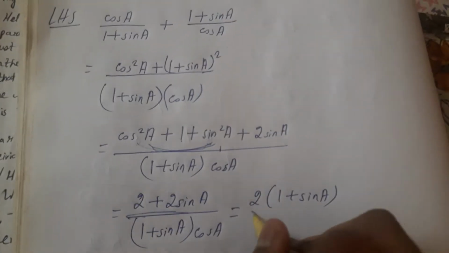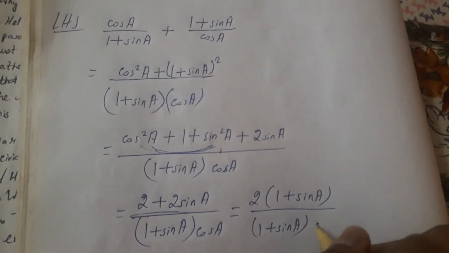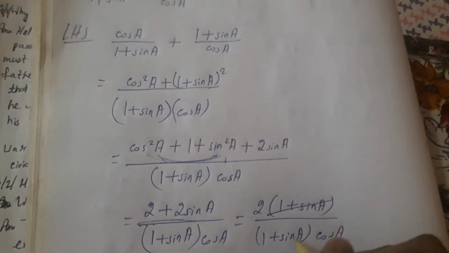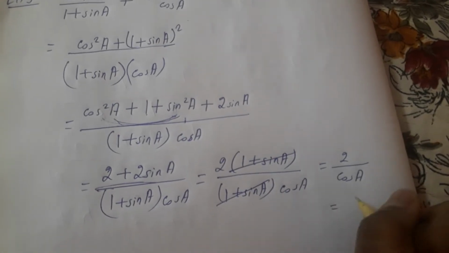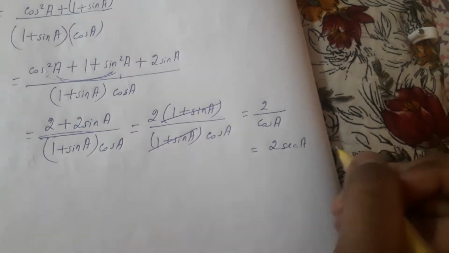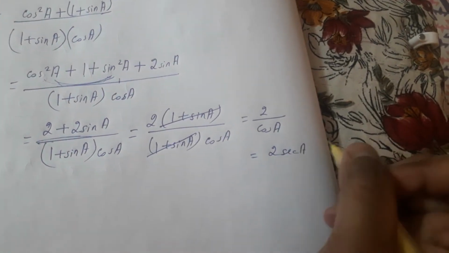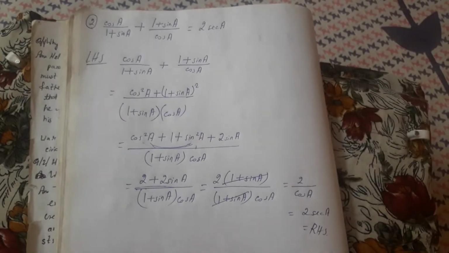You have to take 2 common, so write (1 plus sin a) into cos a. See, this will cancel out and this will be 2 by cos a, which is equal to 2 sec a. We know that 1 by cos a is equal to sec a, so 2 by cos a is equal to 2 sec a. This is what you have to prove.